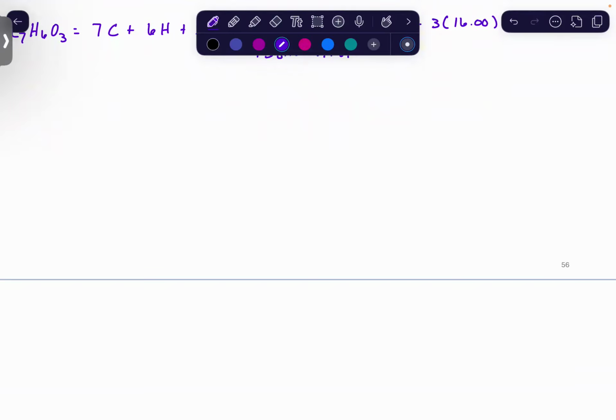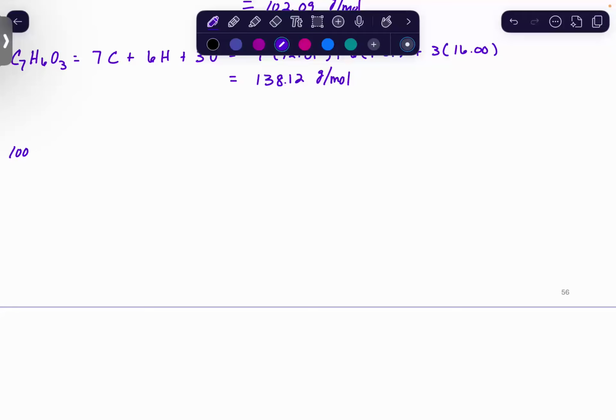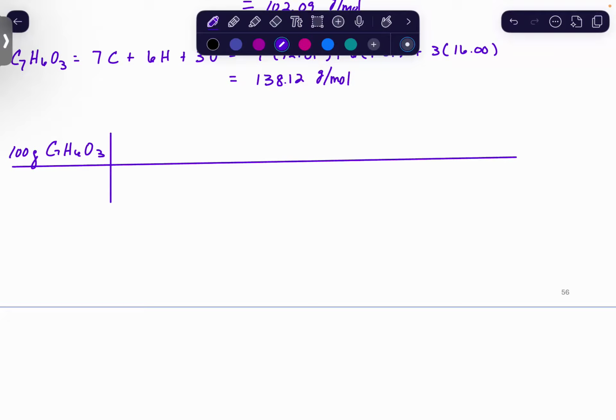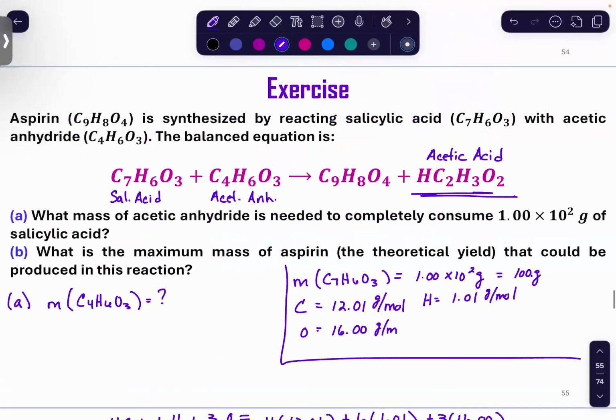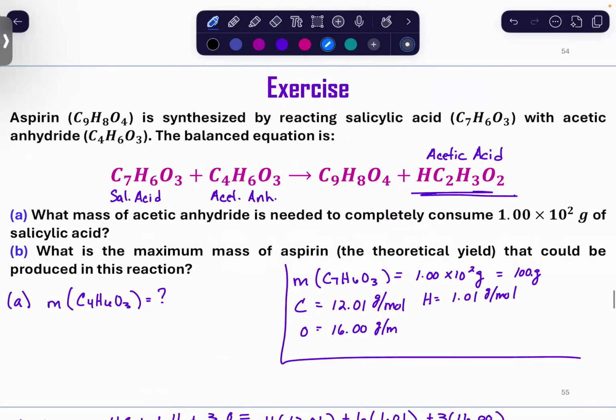Okay, so let's see. So we start with our 100 grams of my salicylic acid. All right. Now in stoichiometric calculations, I need to get the moles, so I'm going to divide by the molar mass of salicylic acid. Then I go back up to my equation and I see that they have a 1-to-1 ratio.